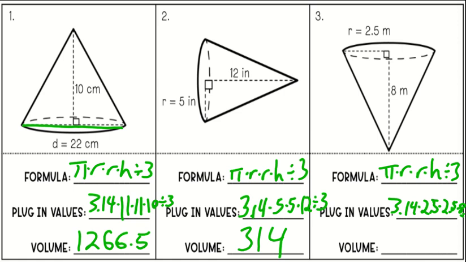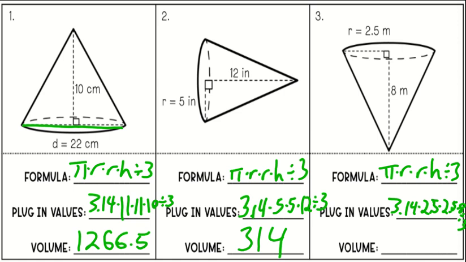I kind of ran out of room there, but we got 3.14 times 2.5 times 2.5 times 8 divided by 3. And then Samantha, what did you get? 52.3.